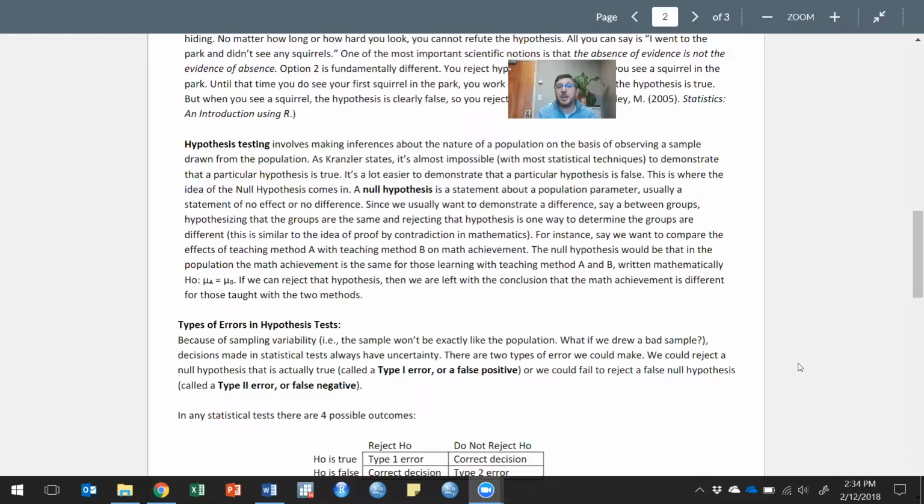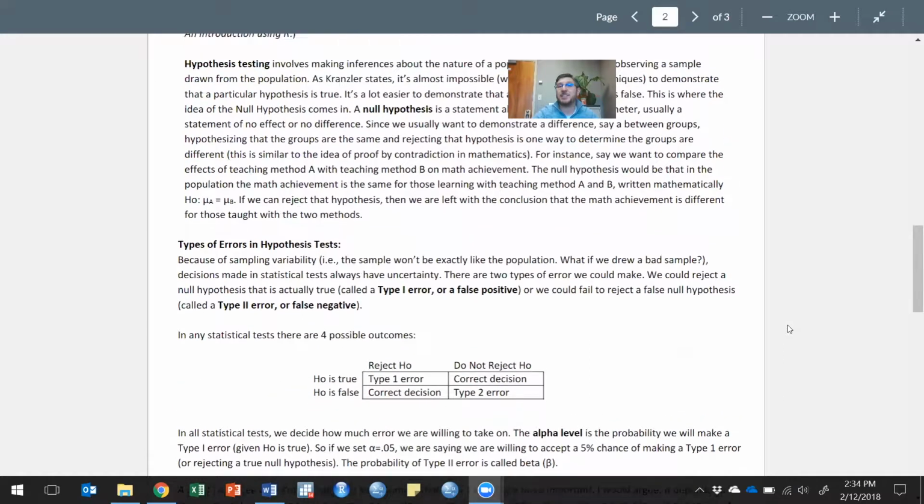The null hypothesis would be that in the population, the mathematics achievement is the same for those who learn with teaching method B and teaching method A. If we can then reject this hypothesis, then all we're left with is the conclusion that the mathematical achievement between those taught with teaching method A and B is different.